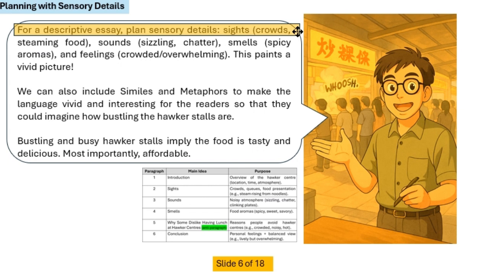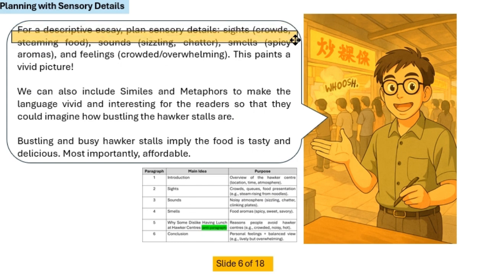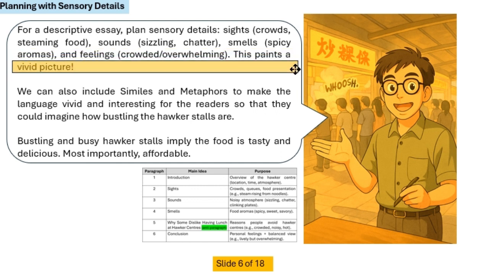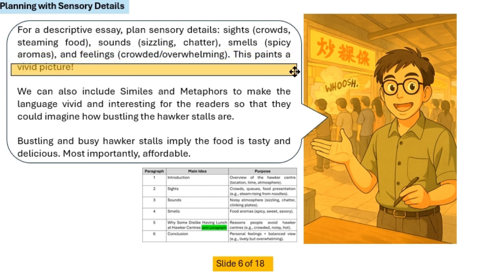In this descriptive essay, we plan the writing with our sensory details such as sights, sounds, smells, and feelings. This will give us a vivid picture of how the hawker center looks like during lunchtime.